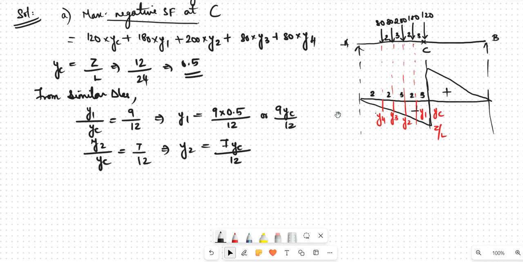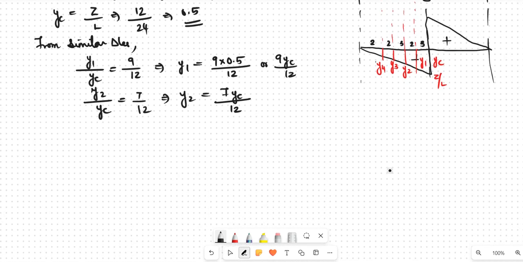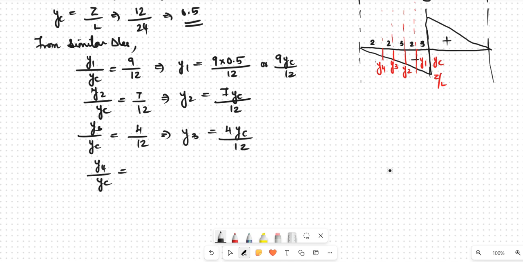Then coming to y3, y3 by yc is equal to 4 divided by 12, which implies y3 is equal to 4 yc by 12. Similarly, y4 by yc is equal to 2 divided by 12, or y4 is equal to 2 yc by 12.